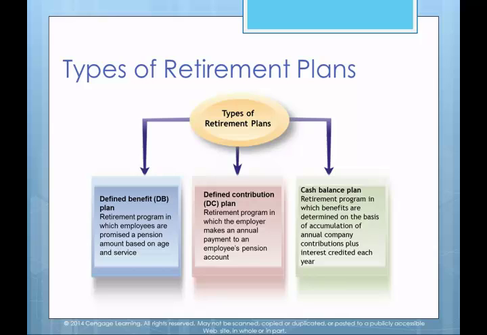And you would think of that as a 401k type of plan where there's a contribution made to it. A cash balance plan is a retirement program in which benefits are determined on the basis of accumulation of annual company contributions plus interest credited each year.